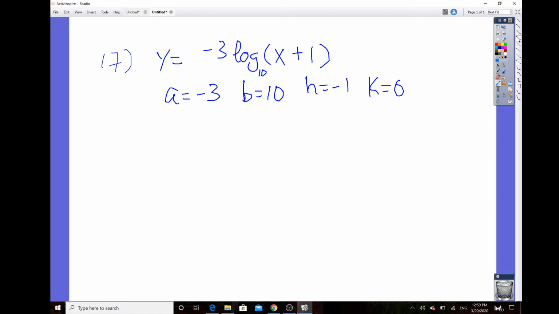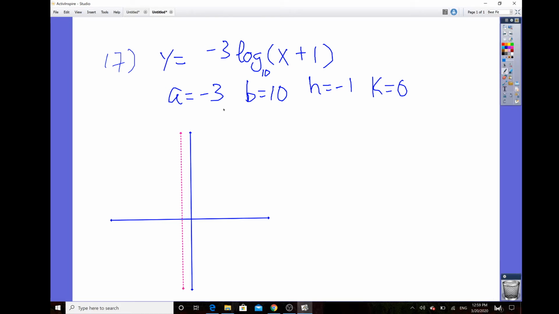Okay, so you may notice VA is negative 1. It's a dotted line. So negative 1 somewhere over here. And now we need to get some points. So the way to get some points, once again, we use the xy table.